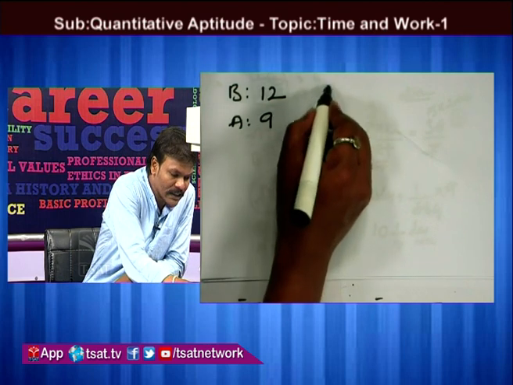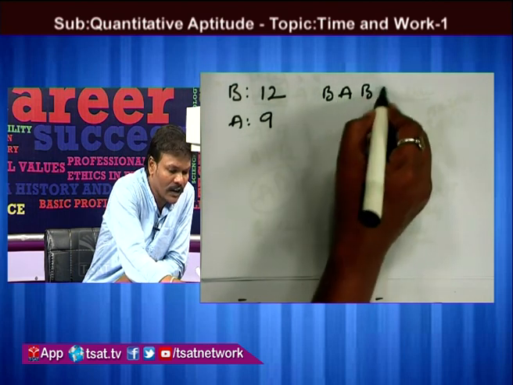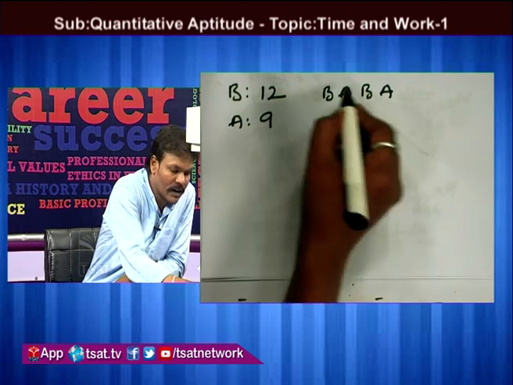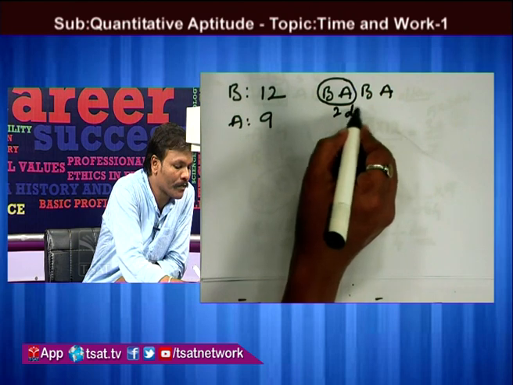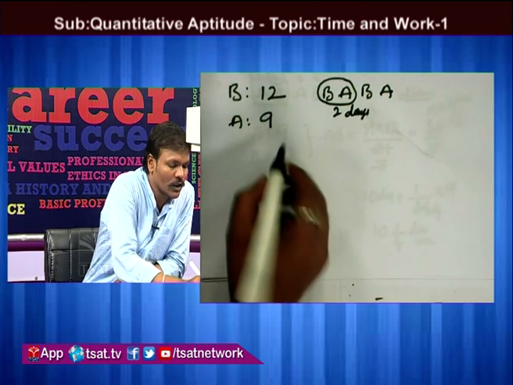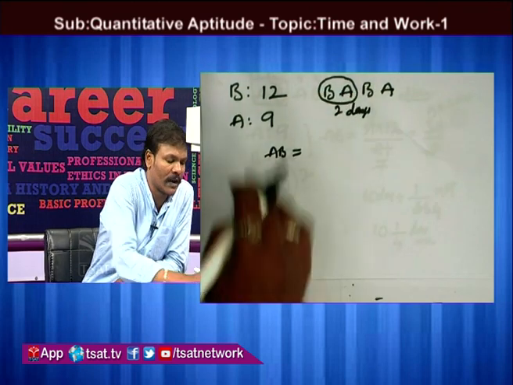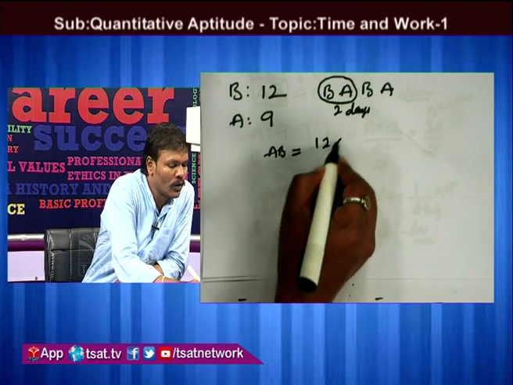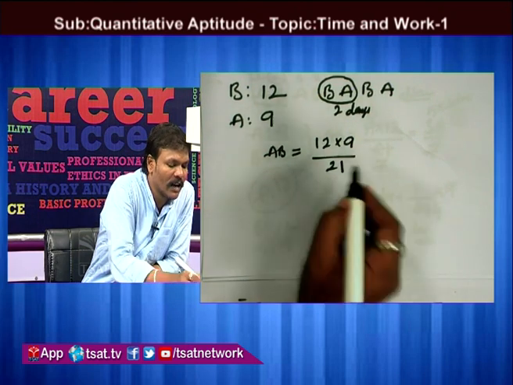When B begins, B works on the first day, A on the second day, B on the third day, A on the fourth day. We take the group of days for A, B together as 2 days. A, B working together, A, B is nothing but both are the same. So, 12 into 9 by 9 plus 12, that is 21.